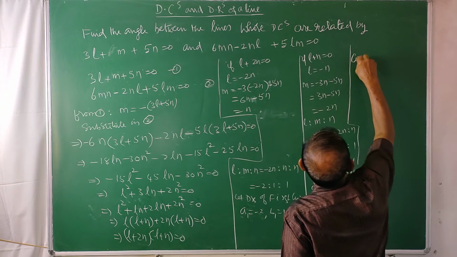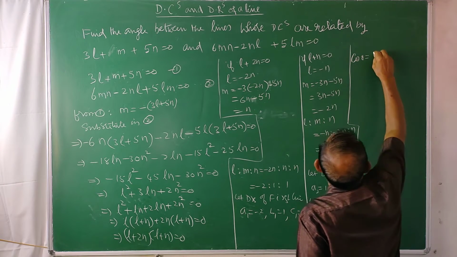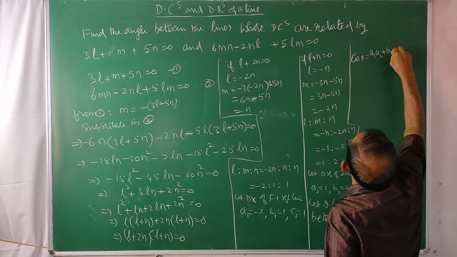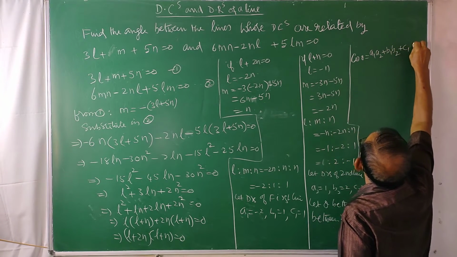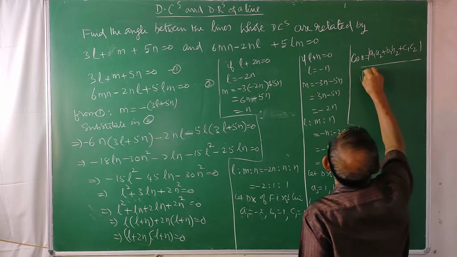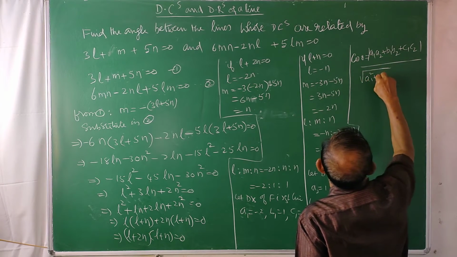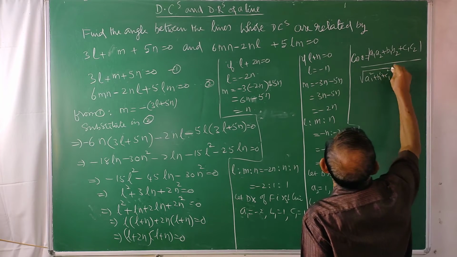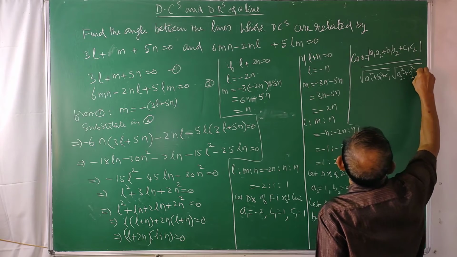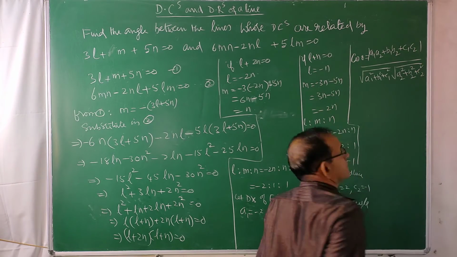Cos theta is equal to modulus of A1 A2 plus B1 B2 plus C1 C2 by root of A1 square plus B1 square plus C1 square into root of A2 square plus B2 square plus C2 square.